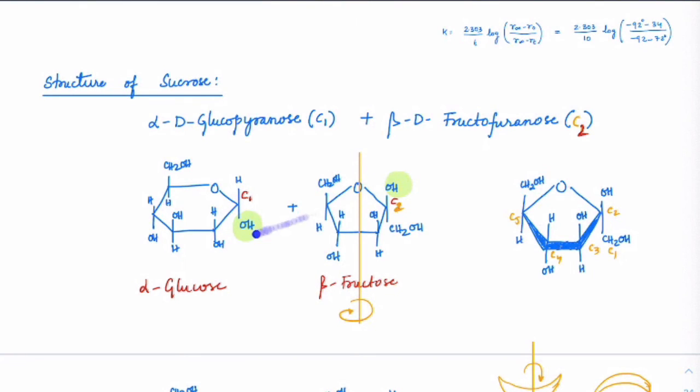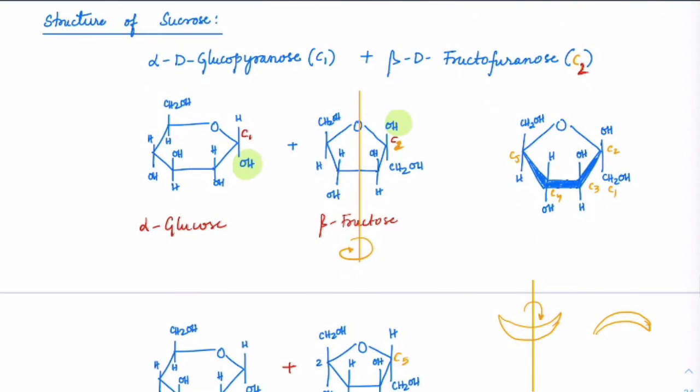So to show the connection and show the Haworth projection of sucrose, I inverted this. I rotated this by 180 degrees. So everything which was vertically up has become vertically down here, and everything which was vertically down has become vertically up here, which also helped this C2 come to this position.